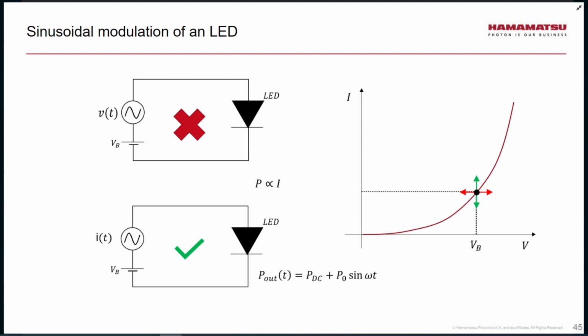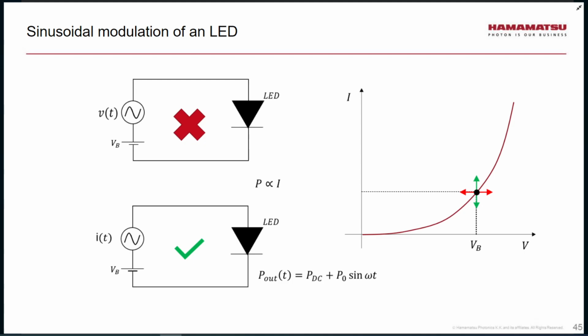However, not much was said about LEDs, so I could not resist discussing modulation of LEDs, because it is a common error in the lab to try to modulate an LED sinusoidally using the circuit above, where we have some DC voltage to activate the LED, and then a floating sinusoidal voltage source, hoping that we get sinusoidally varying power.